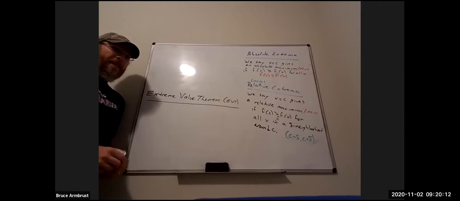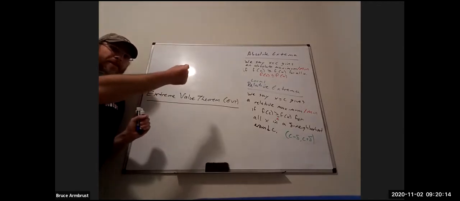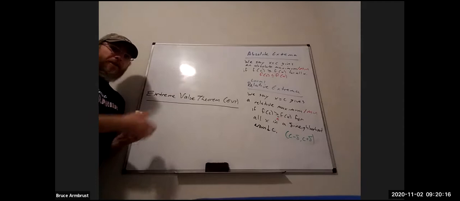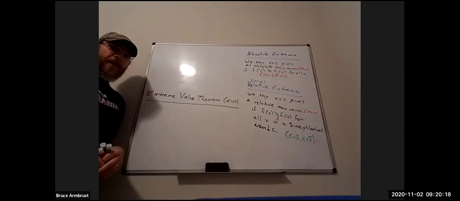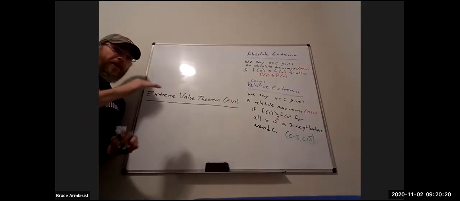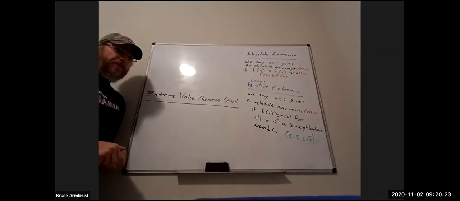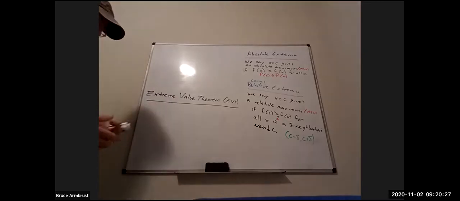Intermediate value theorem was if we've got two points and a continuous function between those two points, then we get every y value between those two y values. Yeah, maybe you remember that. Anyway, but here's the extreme value theorem.